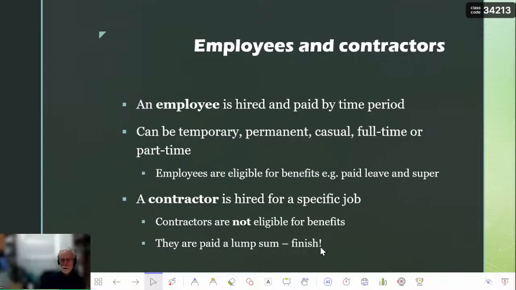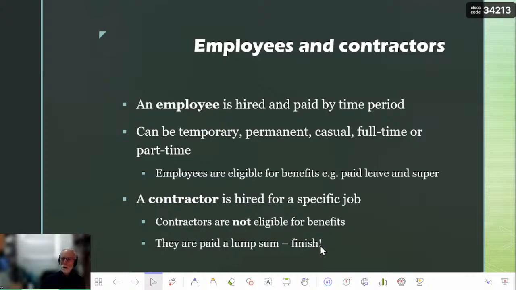And then finish, bye-bye. You have a contract, and you say, okay, you are going to do this, build my chicken house, or plow my land, or provide this or that or the other.